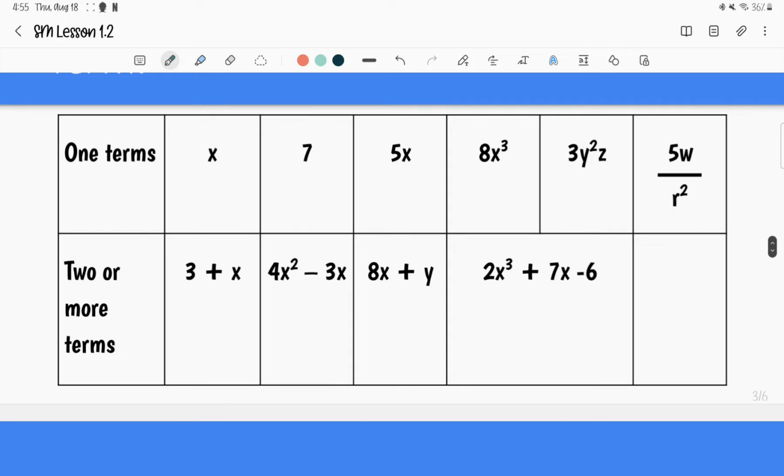So sometimes we'll have expressions that have just one term. So these ones all across the top right here are one-term expressions. Even this last one right here and this one right here. These are only one-term expressions.